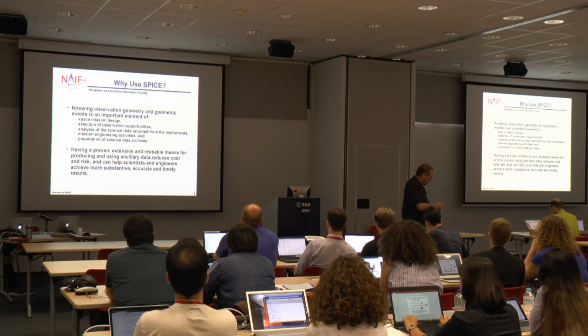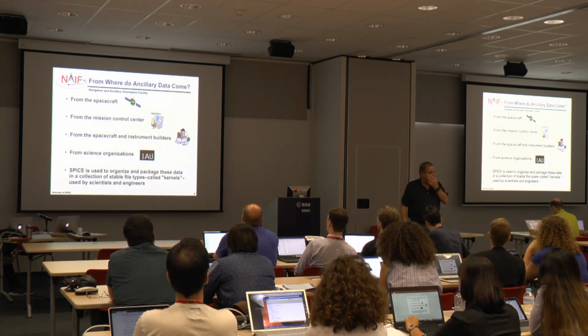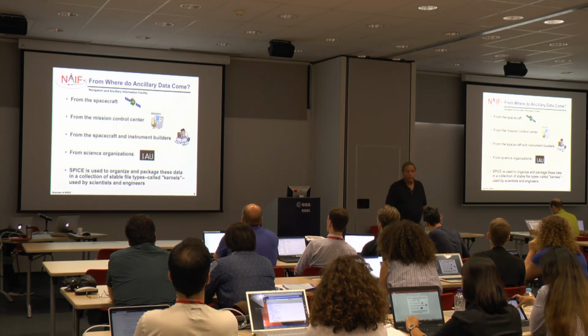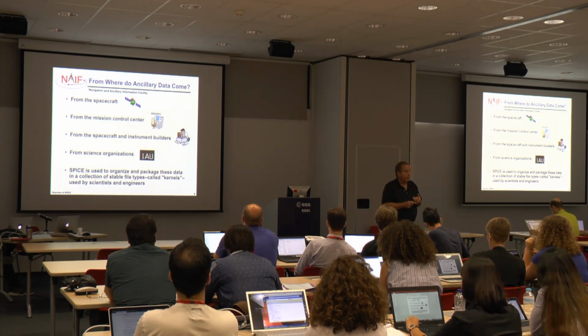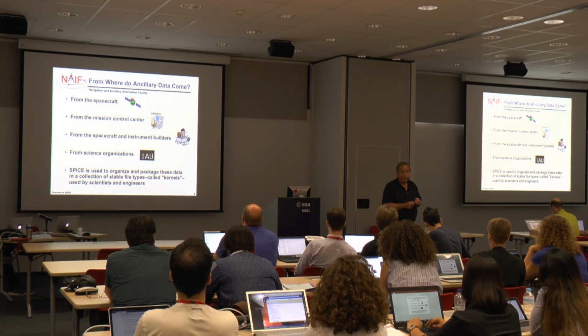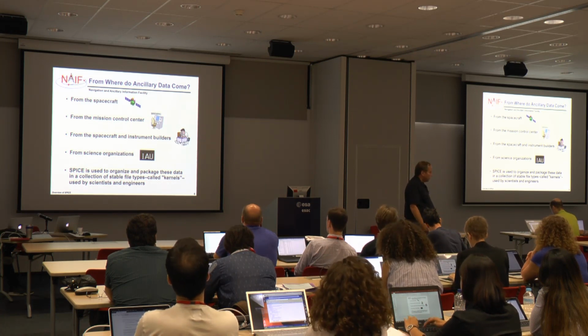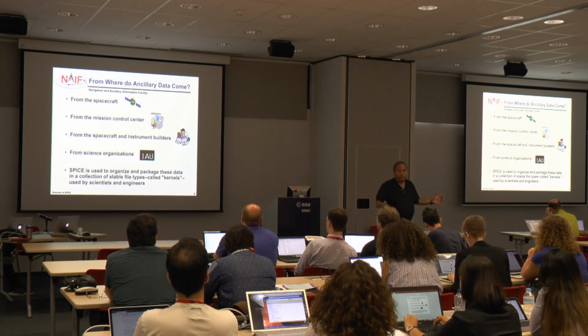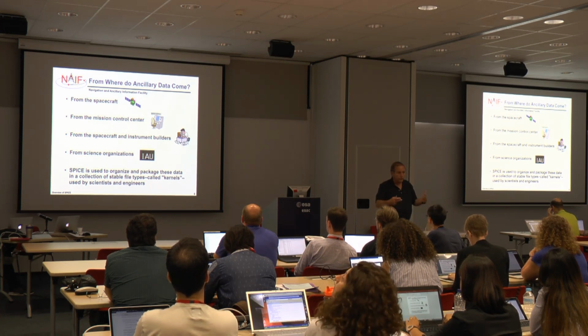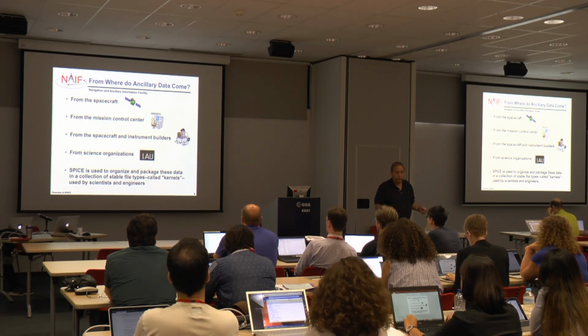Some come from science organizations, particularly the IAU, and that's where we get the size and shape data for all the planets and satellites. And the orientation as well, the spin conditions. And SPICE simply organizes data from all of these sources into a convenient set of packages, what we call the SPICE kernels.